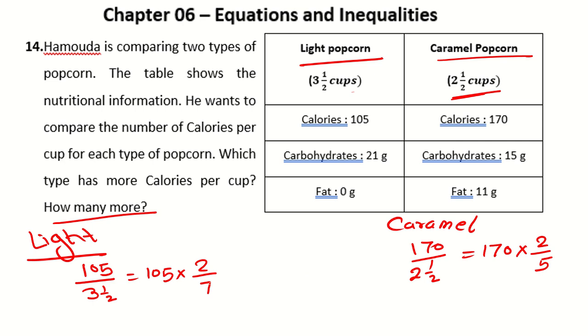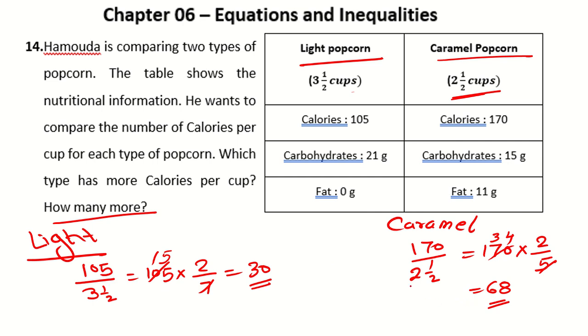So I think it will cancel out. Yes, 7 times 1 is 7, 7 threes are 21... 15 times 2 is 30, and it will be 5 times 3 is 15, and 5 fours are 20, 34 times 2 is 68. Okay, so it has 30 calories per cup and it has 68 calories per cup.